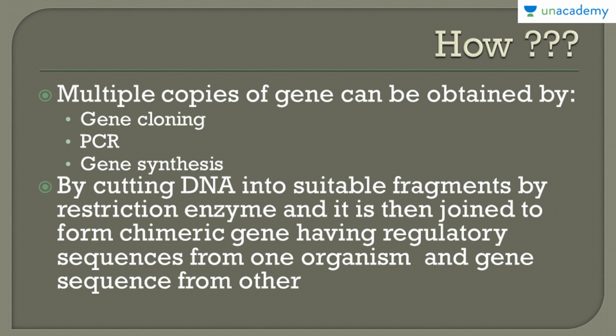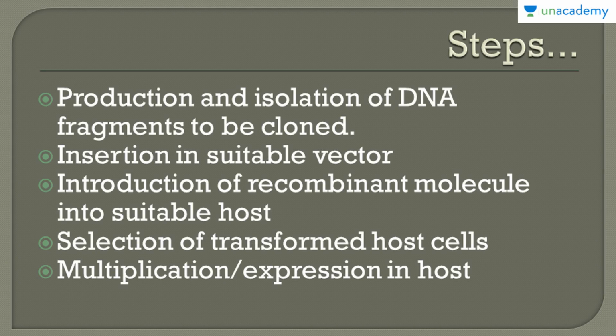After insertion into the vector, it is introduced into the host, and this fragment is selectively amplified irrespective of the source genomic DNA. So we can produce multiple copies of the single desired fragment, and this technique is known as recombinant DNA technique.